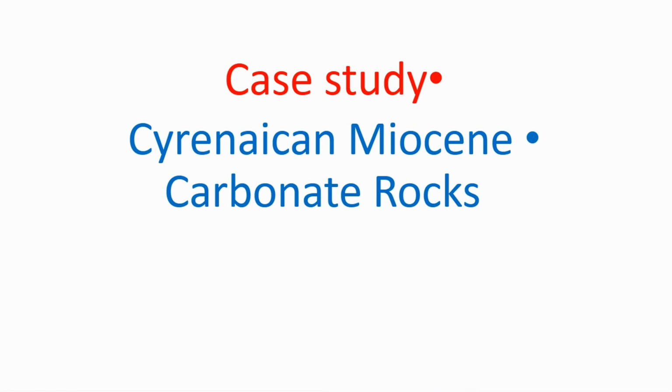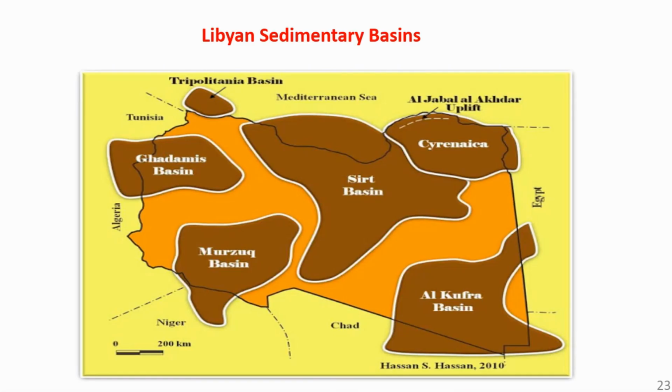Now let me move to the second part of the presentation to talk about our case study, Cyrenaica, which focuses on Cyrenaican Miocene carbonate rocks. Libya has a number of sedimentary basins. As you see here in the map, Al-Kufra Basin and Murzuq Basin toward the south, and here in the central part, Sirte Basin.